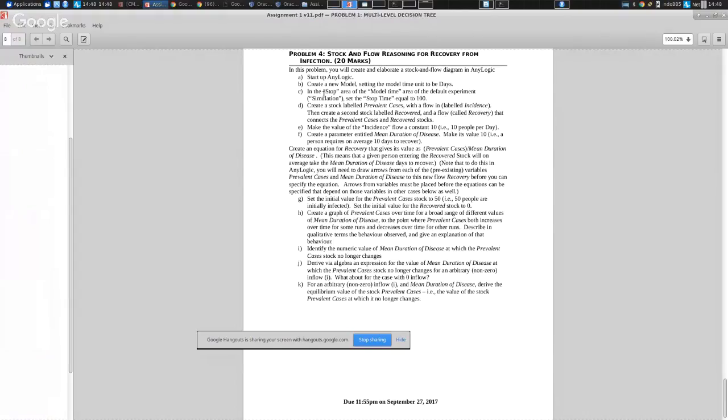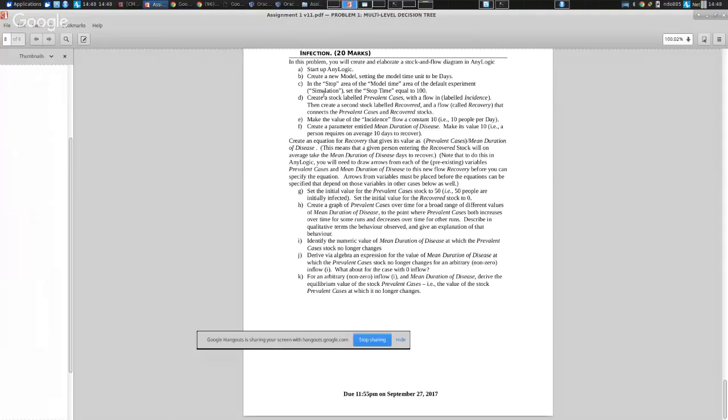It's a delay associated with a transition of a stock from prevalent cases to a situation where people have recovered. So there's some delay associated with recovery. And I'm asking you to experiment with this and to reason through about key values.